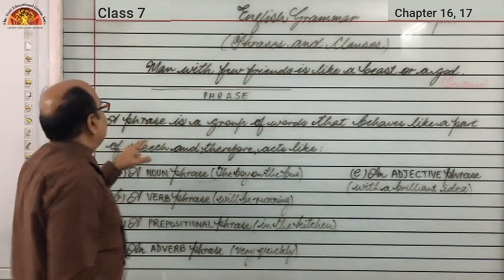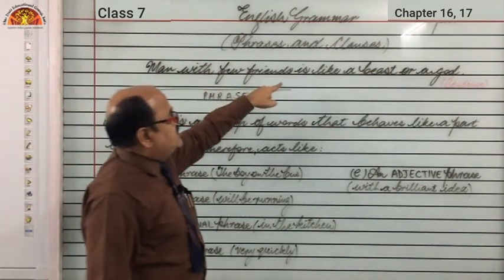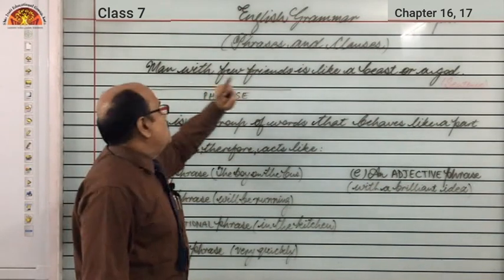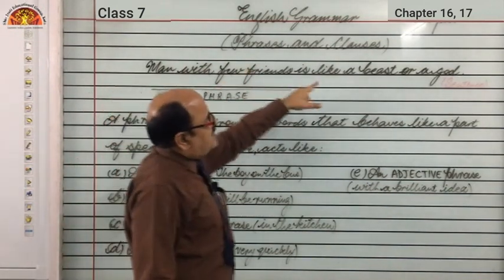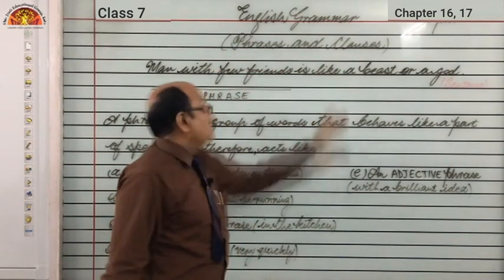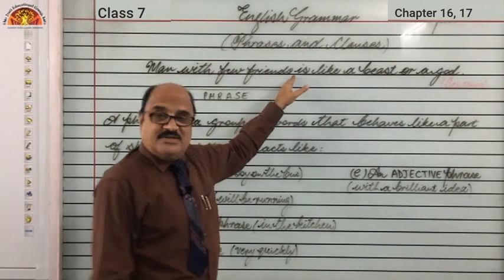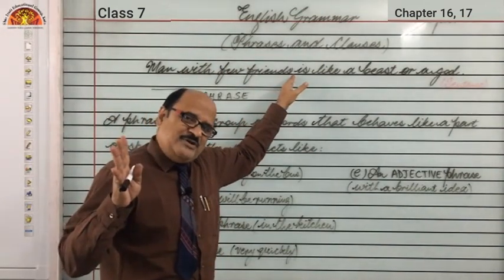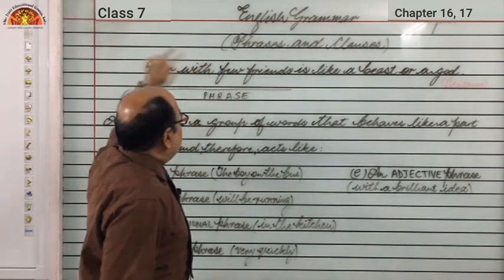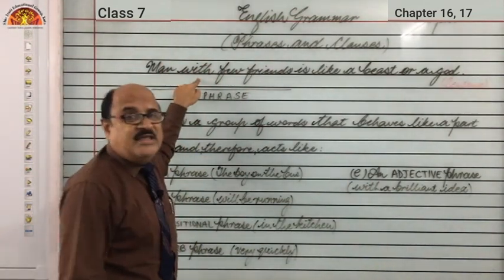So now look, the sentence is: Man with few friends is like a beast or a god. You can see, have a look. This group of words, man with few friends, no doubt this is a group of words, right? But does it express any complete sense?